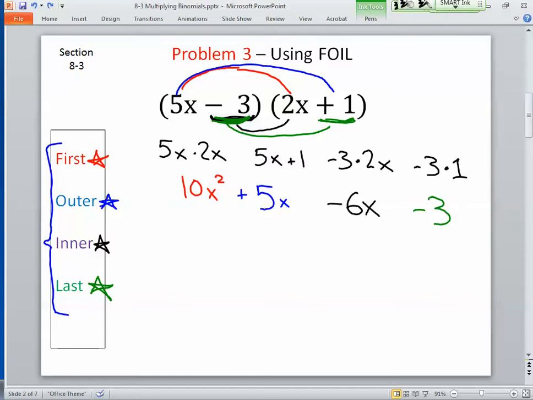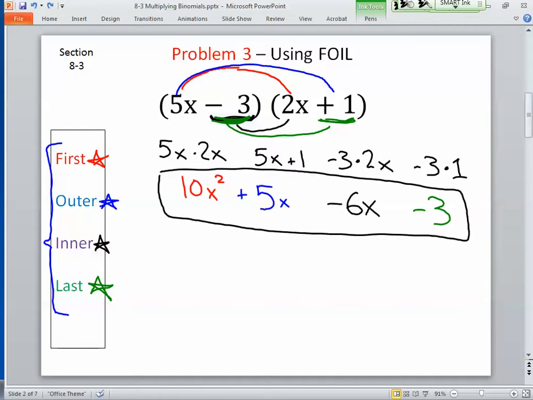So what I have down here in this line is my answer. I'm just one step away from the final answer. Because what I can do to simplify this is combine my like terms. And my like terms will almost always be in the center two positions. So right here and right here.